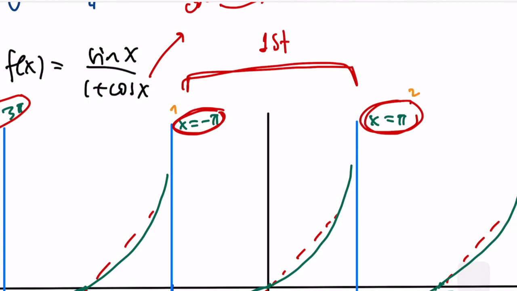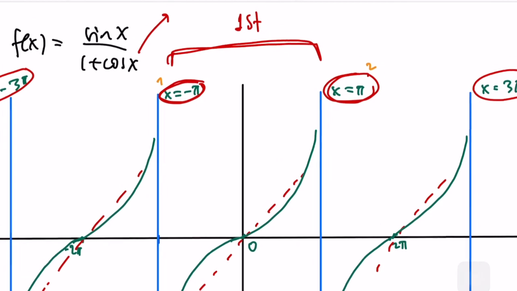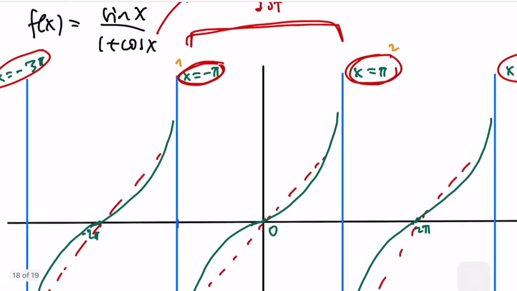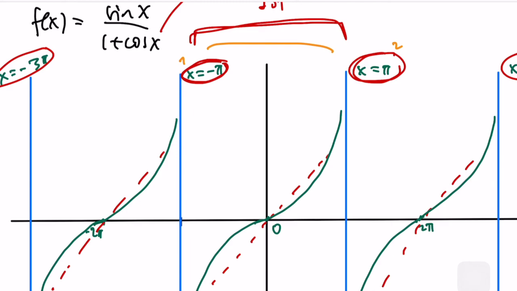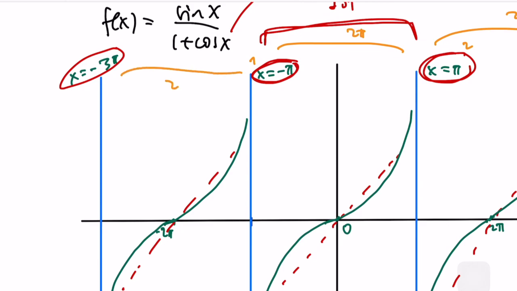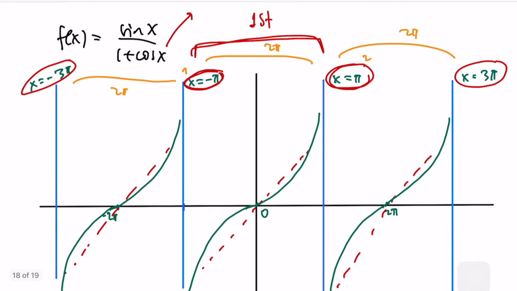Then you get this drawing, and because the period of the trigonometric function is 2 pi, every 2 pi, so this will be 2 pi. This is also 2 pi here, and 2 pi backwards here, and you make the same graph, and that's how you make it actually.